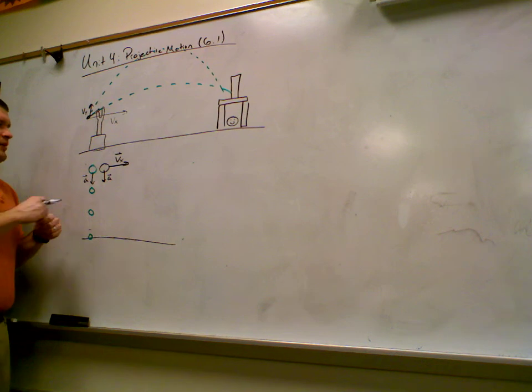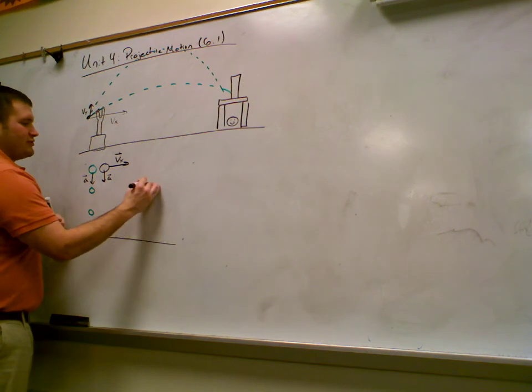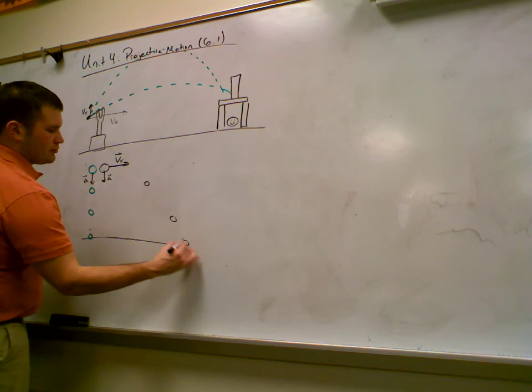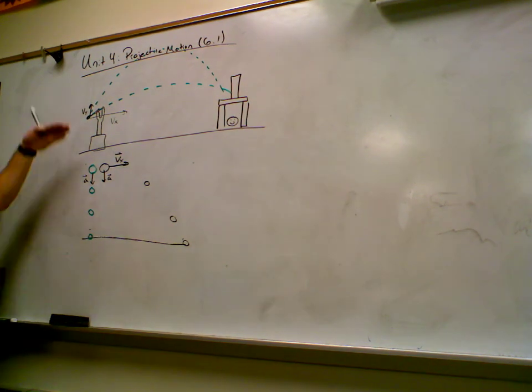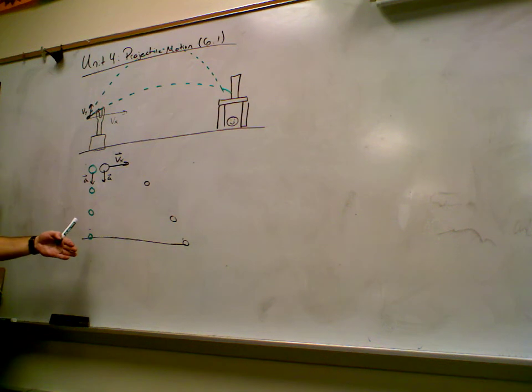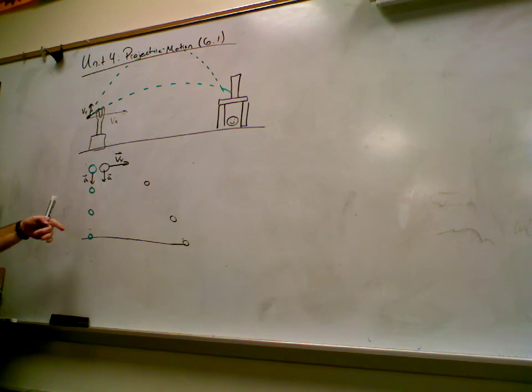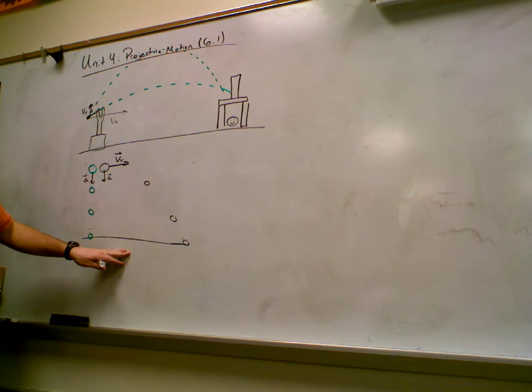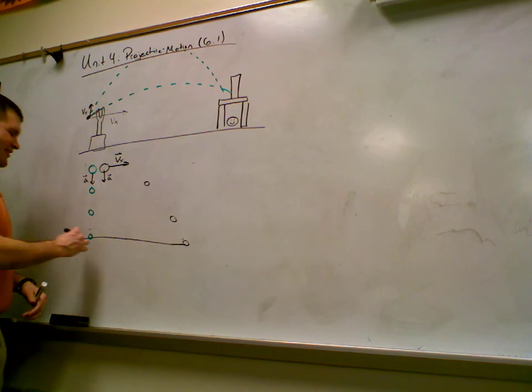As they're dropped and shot, they will travel the same vertical distance in the same amount of time, which means they hit the ground at the same time. Okay? Alright.